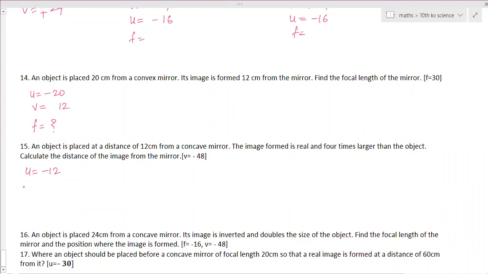The height of the image HI is equal to 4HO, plus or minus? Minus. Minus 4HO. So that means HI by HO is equal to minus 4. Then find V. Minus V by U is equal to HI by HO. Substitute the value and calculate.